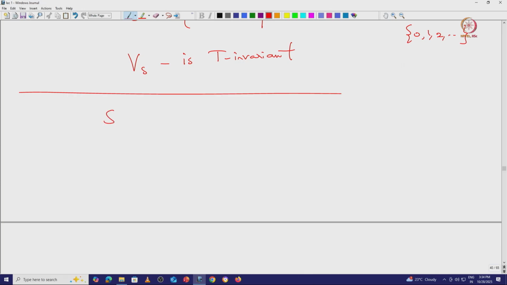So, we can take S to be some T minus lambda I, and then definitely the kernel of S is going to be T invariant. But we are not interested in the 0 T invariant space, so we expect this kernel of S to be non-zero.